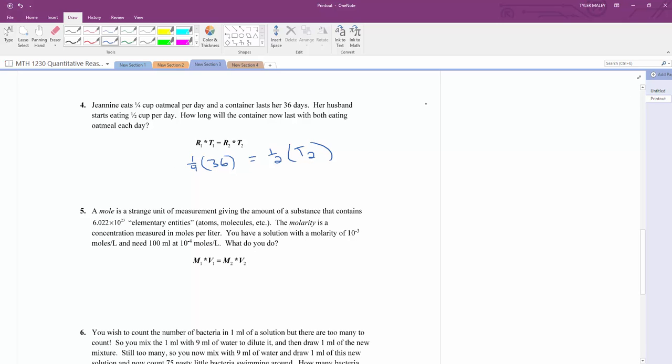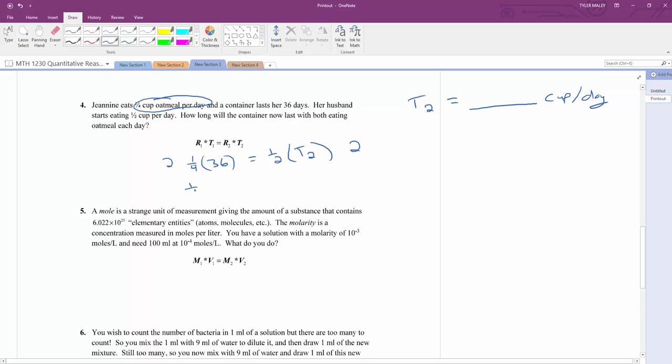So it's important to note that T2 will equal something, and the units will be in cups per day, because that's what the other rate unit is. If we multiply both sides times 2, we get 1/2 times 36 equals T2.